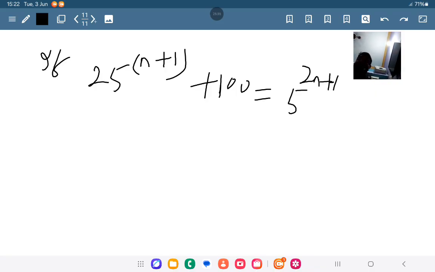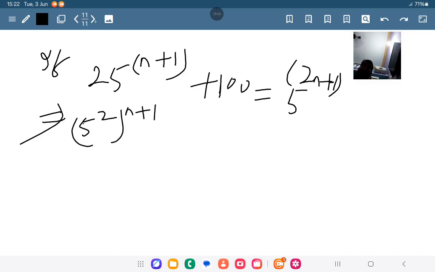That implies you can write 25 as 5 to the power 2, whole power n plus 1, plus 100 is equal to 5 to the power 2n plus 1.